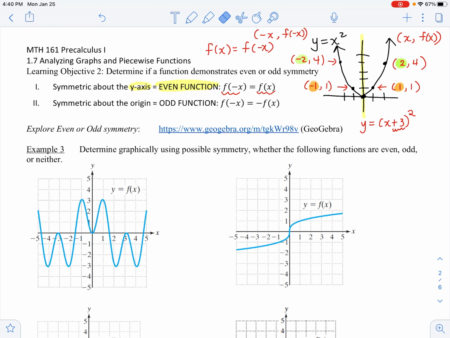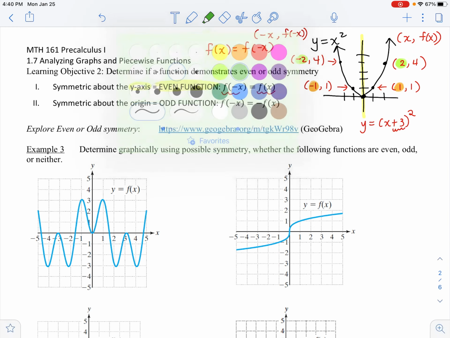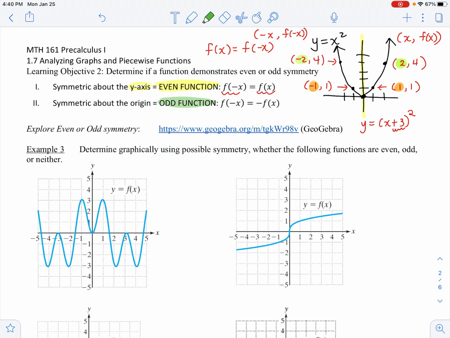All right, how about the odd function? We say functions are odd if you graph it and the graph is symmetric about the origin, okay? So if you have something in the first quadrant, and it is symmetric about the origin, you're going to have a same looking piece rotated in the third quadrant. And for me, that's kind of hard to see.